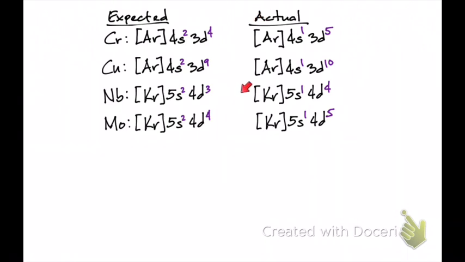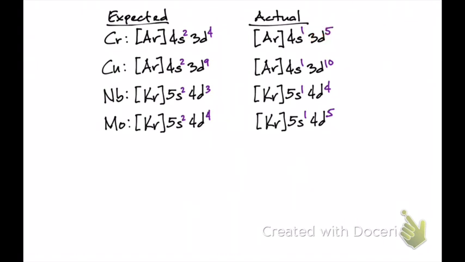But in reality, the actual electron configuration is shown on the right over here. So for chromium, for example, it's actually 4s1, 3d5. And the reason behind that is due to the energy level of the 3d sublevel.